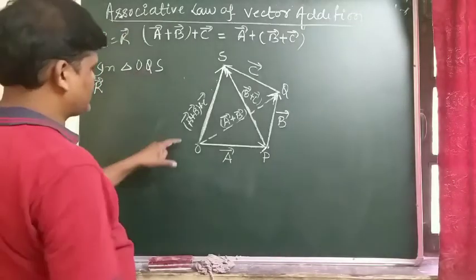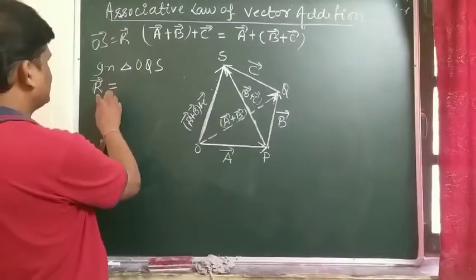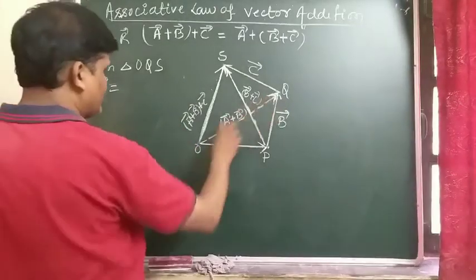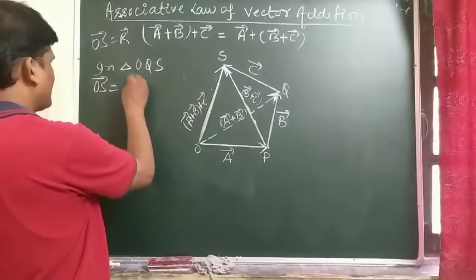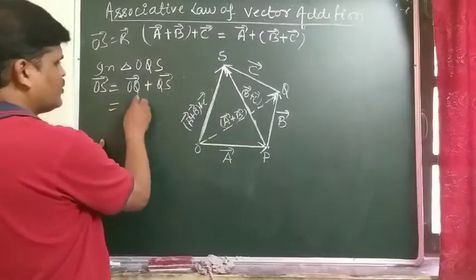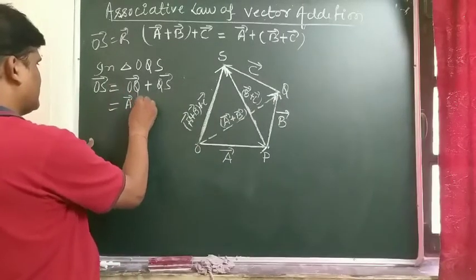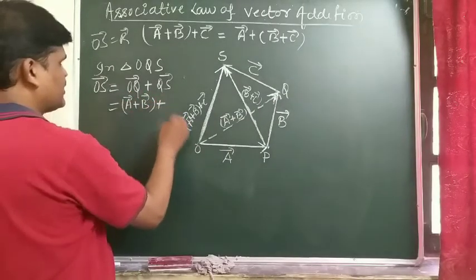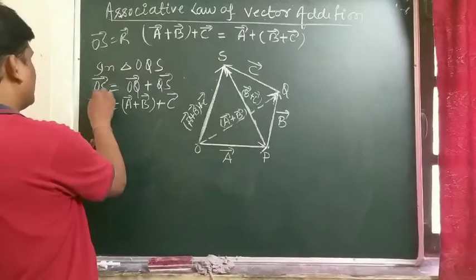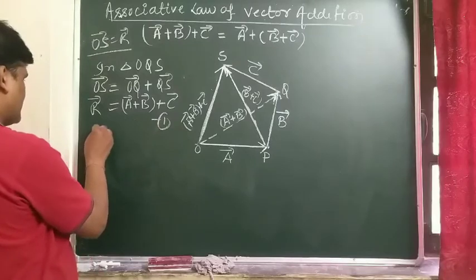So in triangle OQS, we write the vector OS, which is equal to, by the triangle method, OQ vector plus QS vector. OQ we have already found as vector A plus vector B, and QS is vector C, and this is the resulting vector R. This is equation 1.